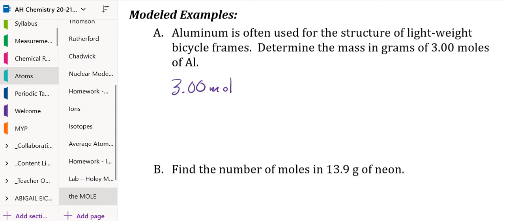We want the number, all sig figs, the unit, and the substance. So when we talked about Avogadro's number, did it matter what the substance was? Did Avogadro's number change? No. Is molar mass going to change depending on our substance? Yes. So we need to find it on our periodic table.